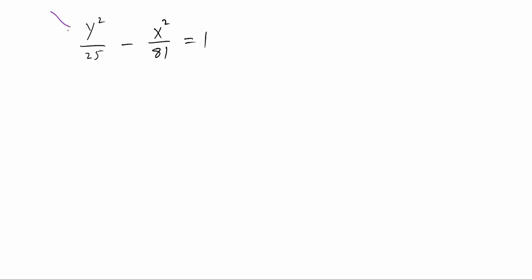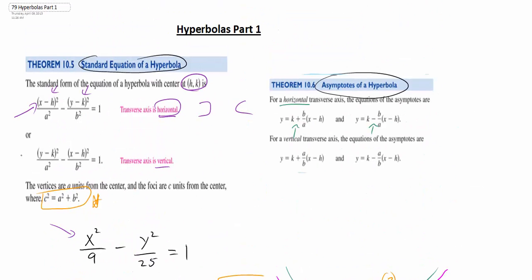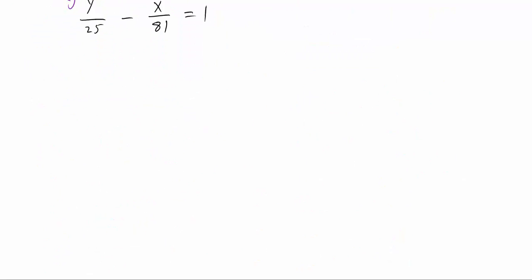And we notice we have the y squared term first. So once again, if we have y squared, that tells us it's going to have a vertical axis, which means it's going to open up and down. And besides that, everything else is going to be basically the same as we go through and calculate our values.